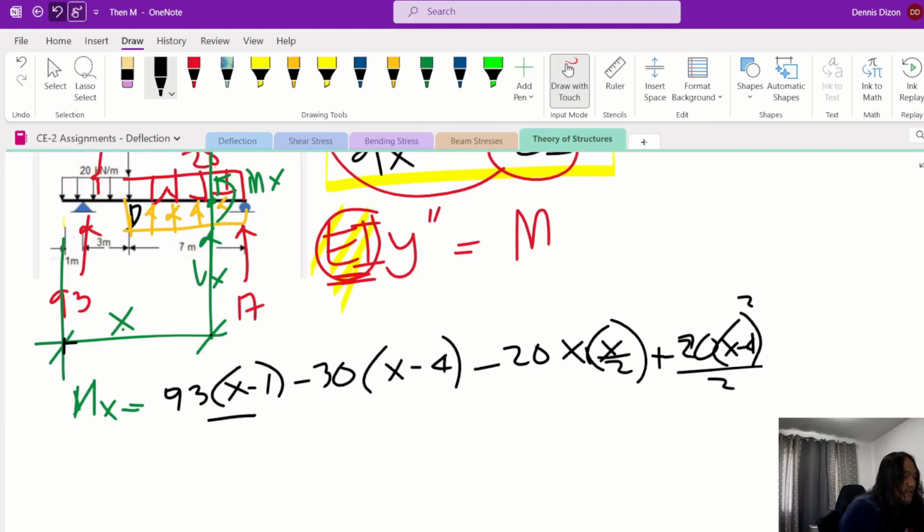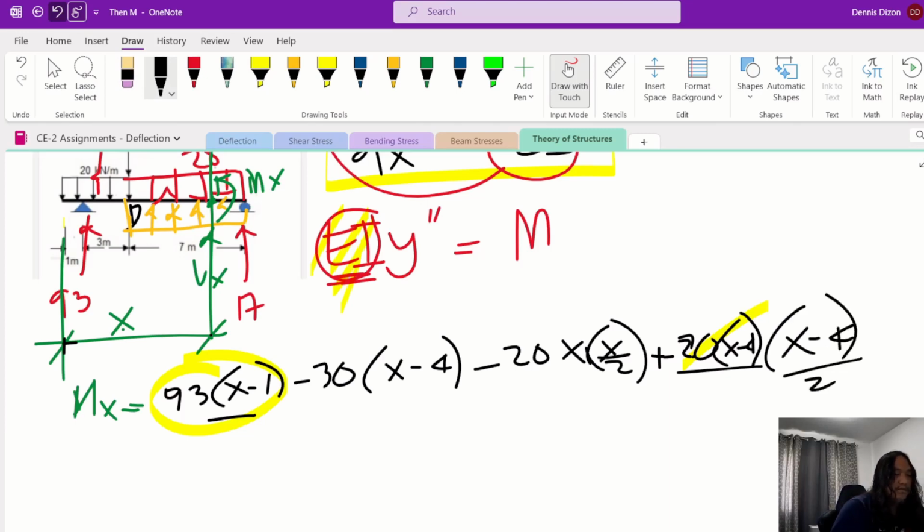So this is the first, this is the reaction, this one going clockwise, and then the load at the bottom, which is also clockwise, this one, 20 times x minus 4, then x minus 4 over 2. So it's clear.